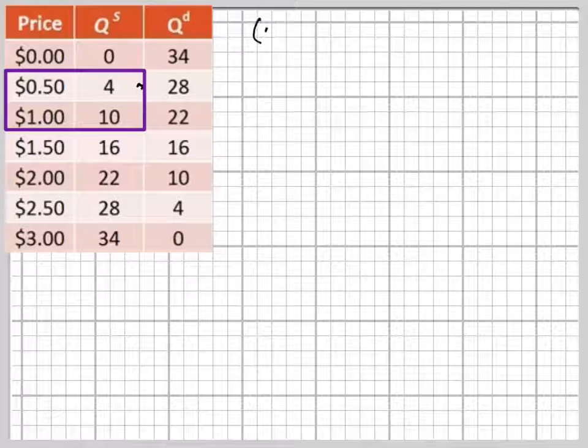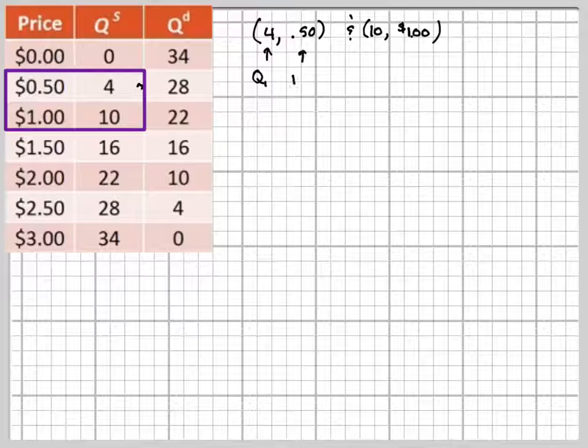We have 4 and 50 cents, and 10 and $1. So this is Q1, that's P1, that's Q2, that's P2.